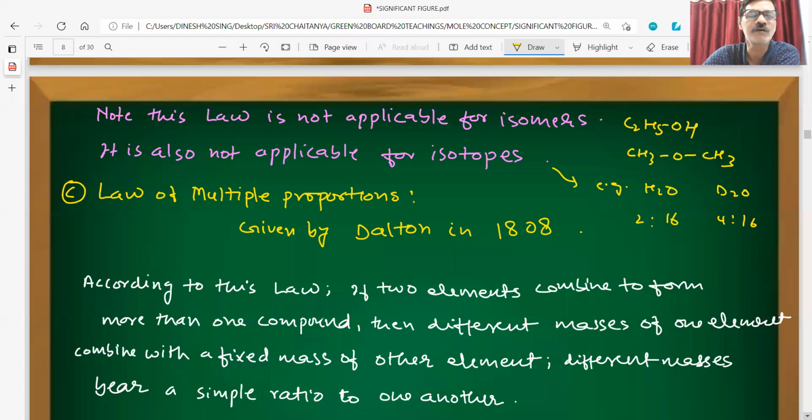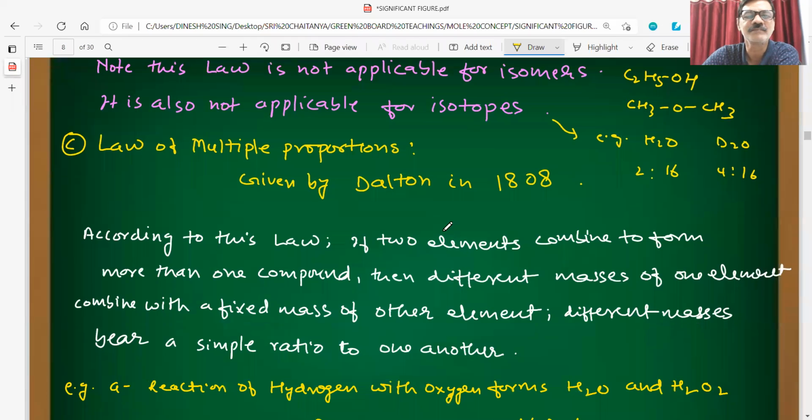Next thing is the law of multiple proportions. It was given by Dalton in 1808, and according to this law, if 2 elements combine to form more than one compound, then different masses of one element combine with a fixed mass of the other element.